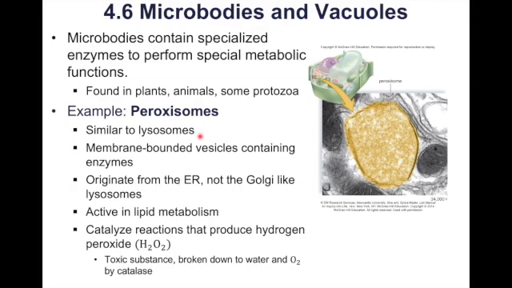A common example of these is a peroxisome, again containing enzymes. And with a name like peroxisome, can you have any guesses as to what it might digest? If you said peroxide, you would be correct, right? Sorry, it catalyzes reactions that produce hydrogen peroxide, and we can break that down later on with catalase.